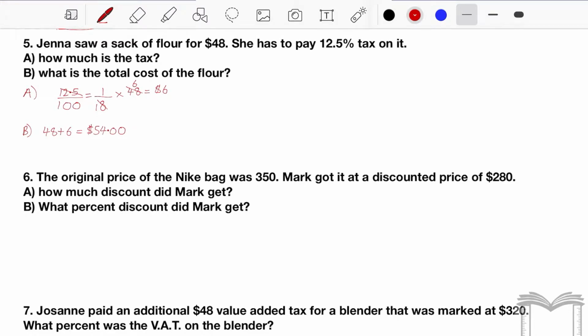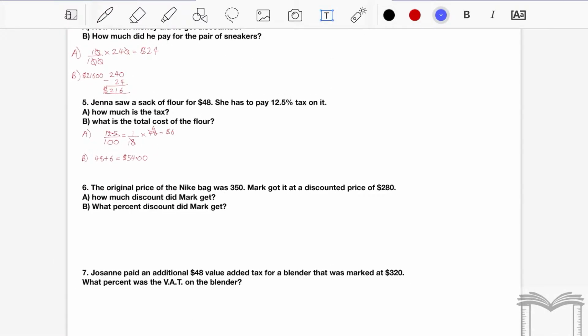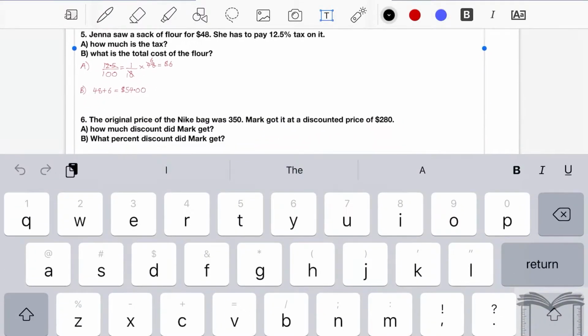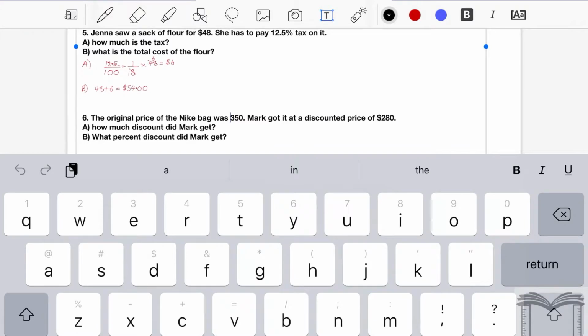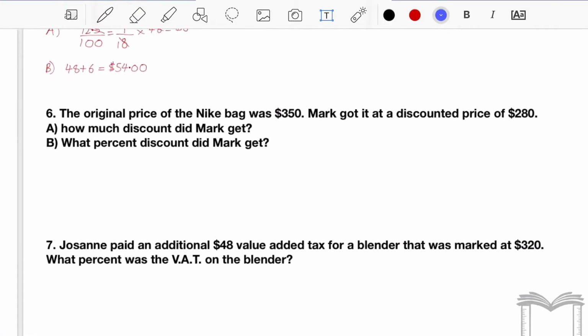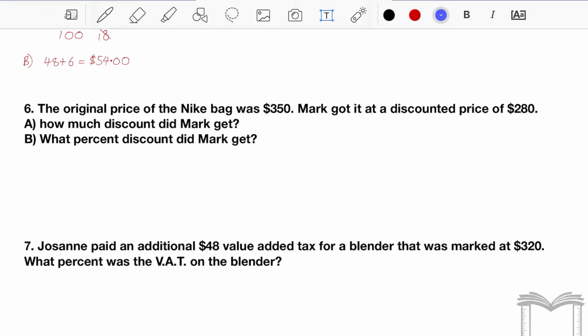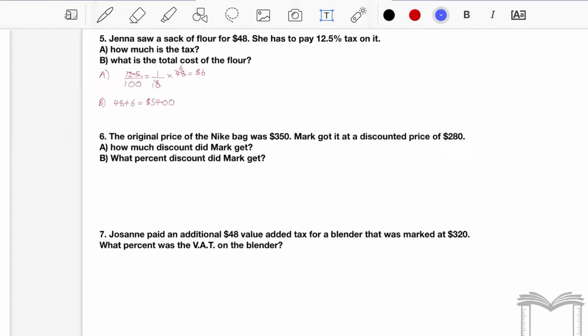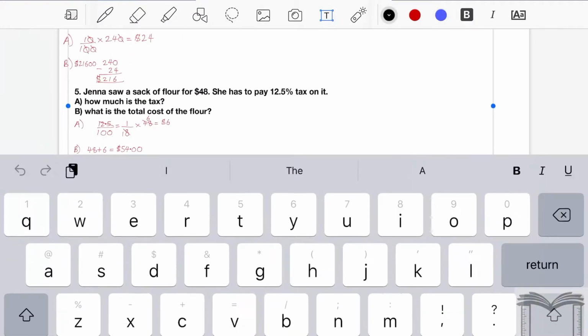Number 6. The original price of the Nike bag was $350. So let's fix that. Put in a dollar sign. Mark got it at a discounted price of $280. How much discount did Mark get? And part B, what percent discount did Mark get?